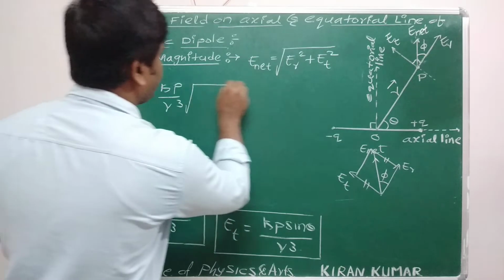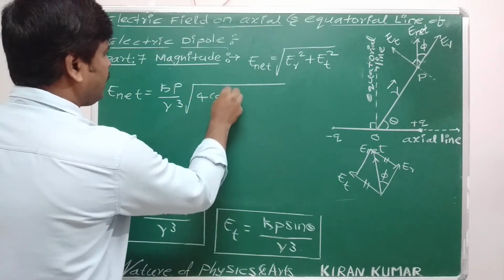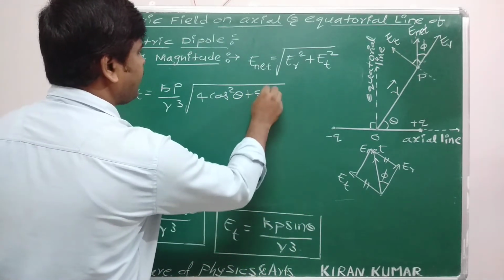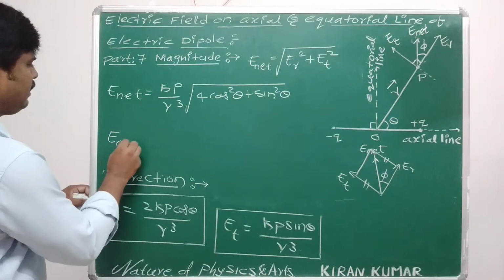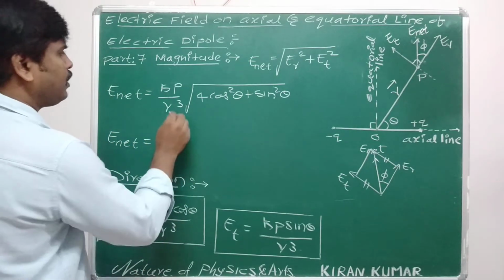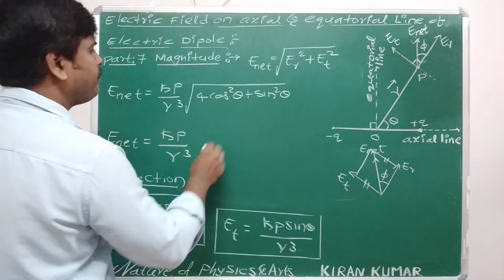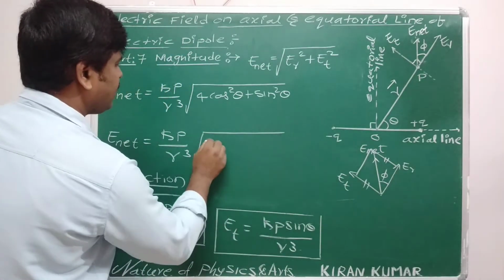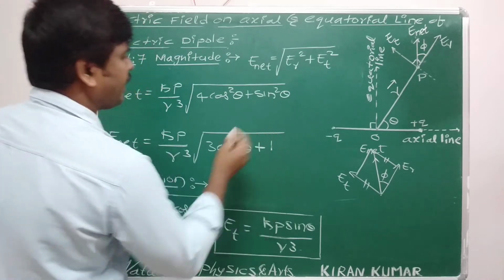Okay, into root over, here the value is 4 cos square theta, and here the value remaining is sin square theta. Now E net is equal to Kp by R cube, root over 3 cos square theta plus 1.